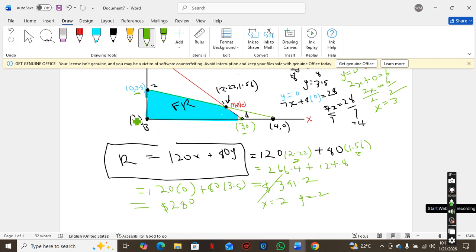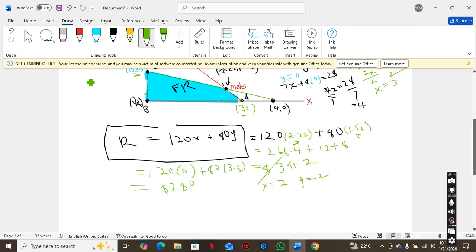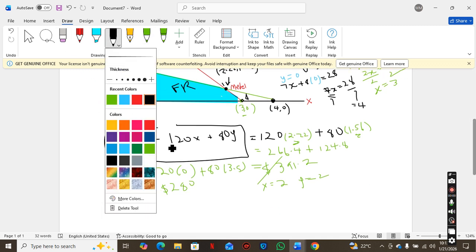This point here, 0, 0. The basic thing, if you don't produce any units of x or y, your revenue will be 0. So you don't even waste time trying this 0, 0 point. Then you have got this point here, which is 3, 0. We put it in our equation here.